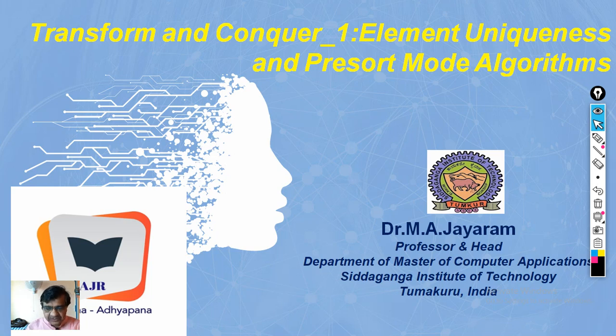My esteemed viewers, this video brings you a tutorial on the transform and conquer method, or transform and conquer strategy, of algorithm design. That is, we talk about transformation, as the name itself would imply, and this technique involves two stages.